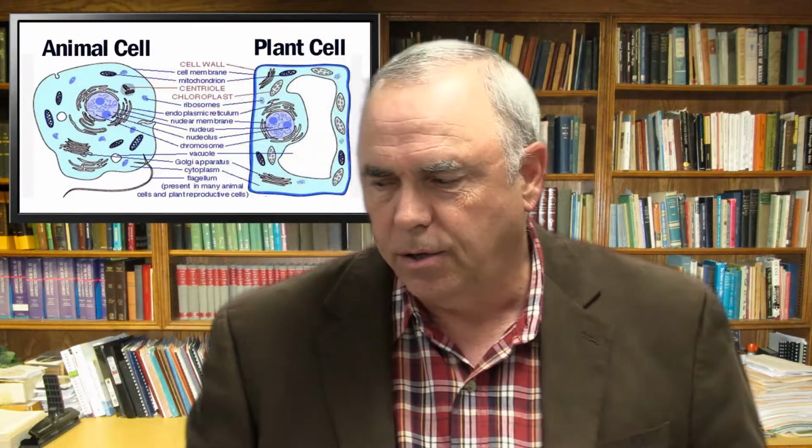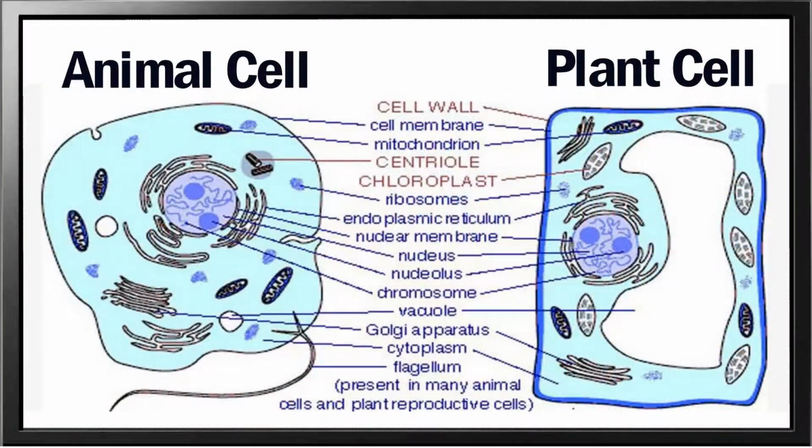What's in the cell? All kinds of things. We're not going to study all this tonight, but there are eukaryotic and prokaryotic cells, and our bodies are made of eukaryotic cells. Eukaryotic cells have a nucleus. They have Golgi bodies. They have other organelles like the centromere and so forth. And they all have a purpose.